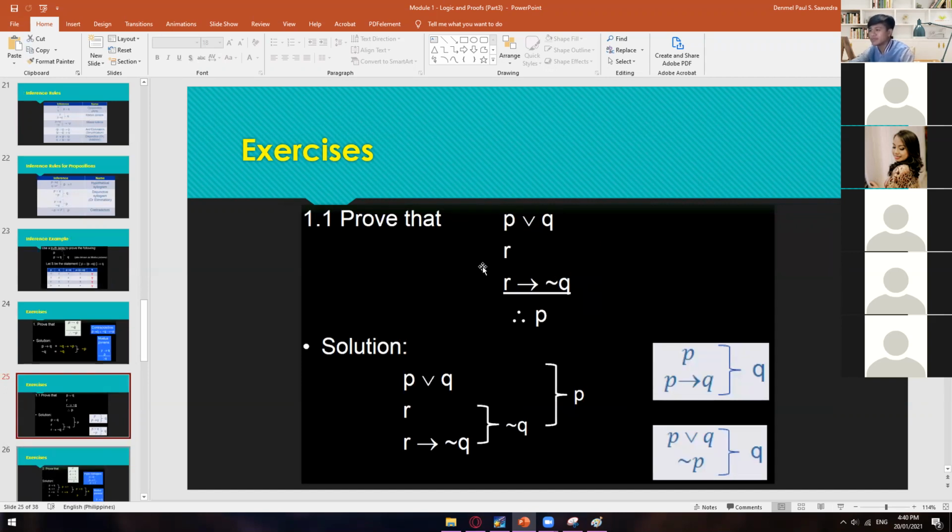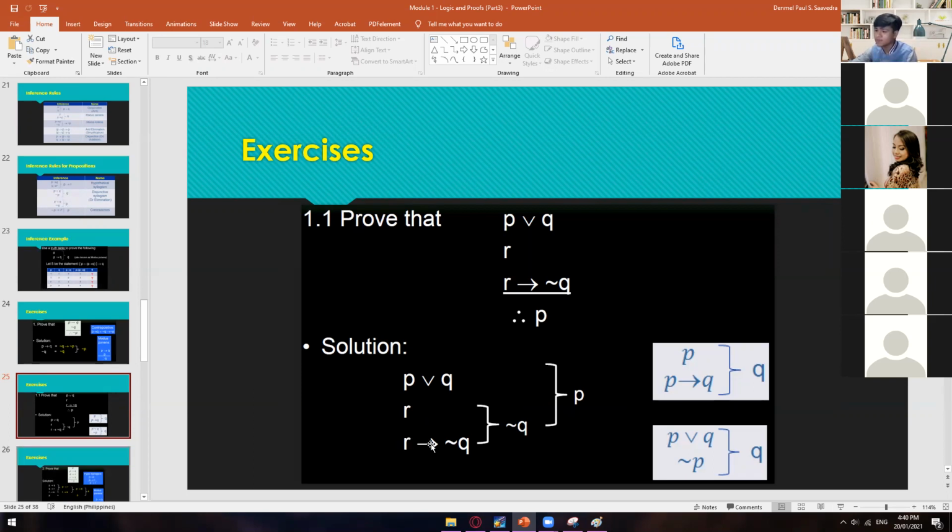Another one is this kind of inference format. We have to prove that this hypothesis is equal to this conclusion P. Again, just copy the hypothesis as it is and put it into your solution. The next thing that you need to find is if you can eliminate other variables from another hypothesis.